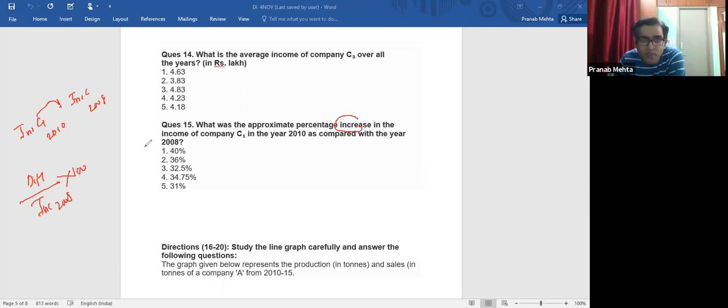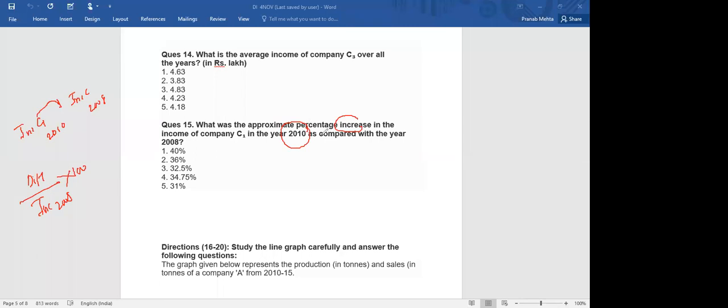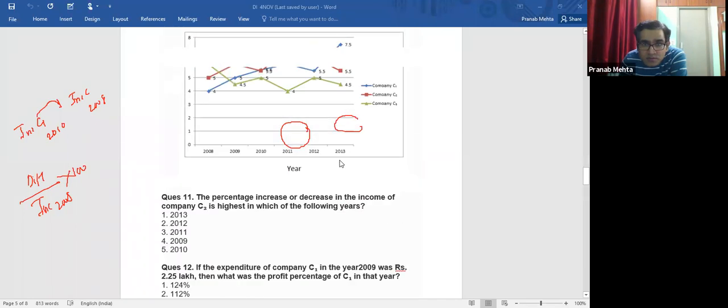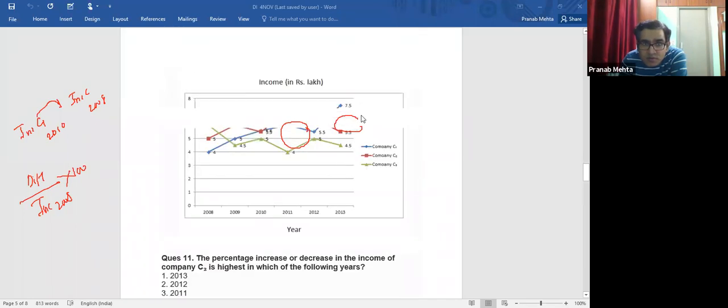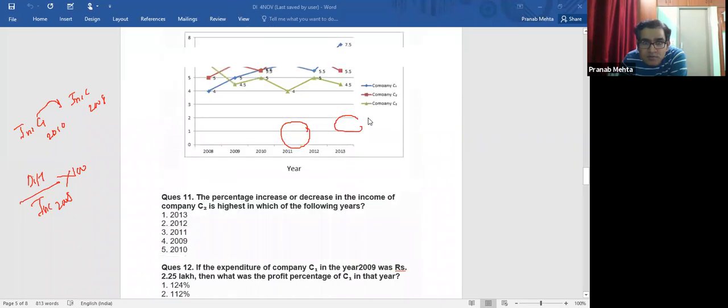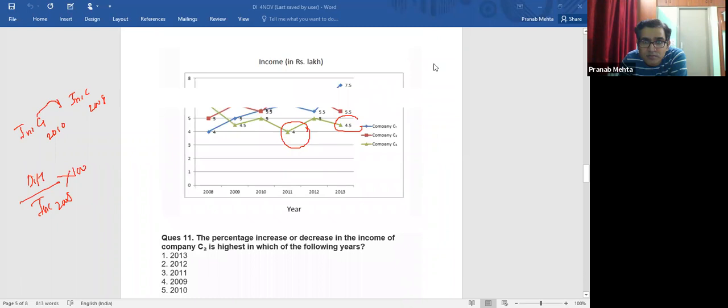What is the approximate percentage increase in the income of company C1 in the year 2010 as compared to the year 2008?